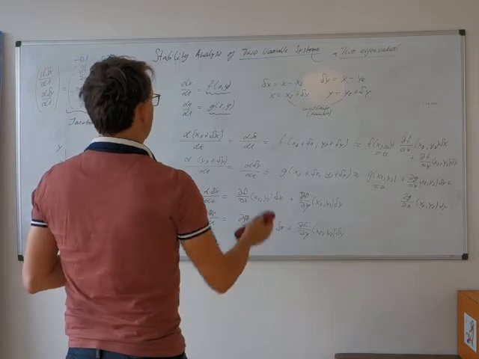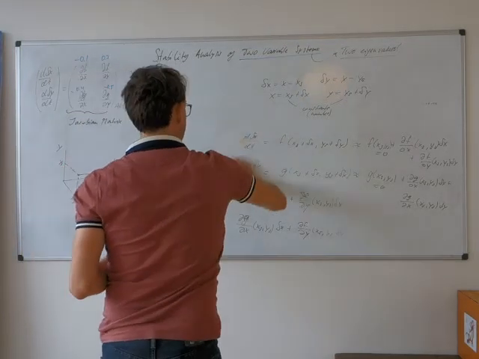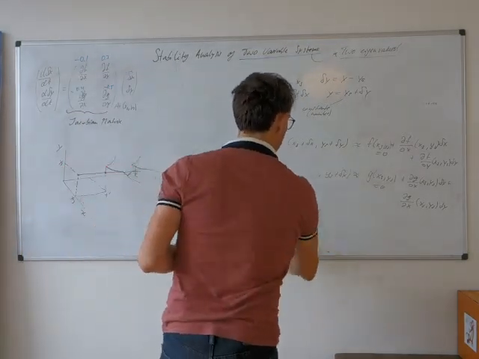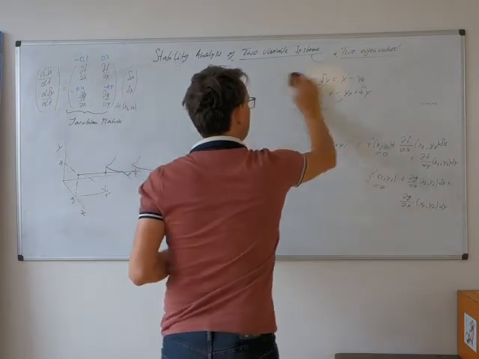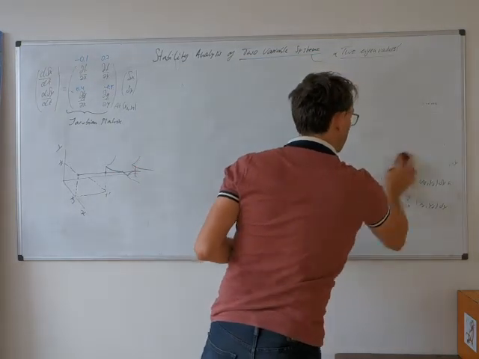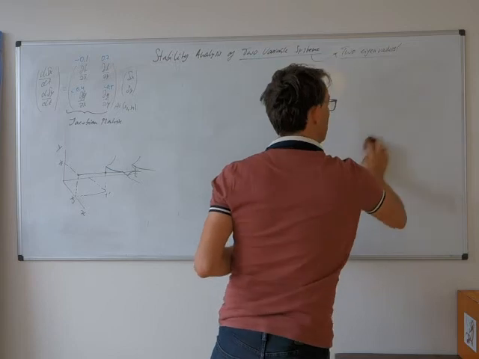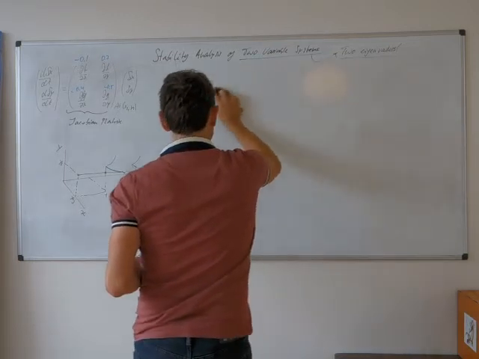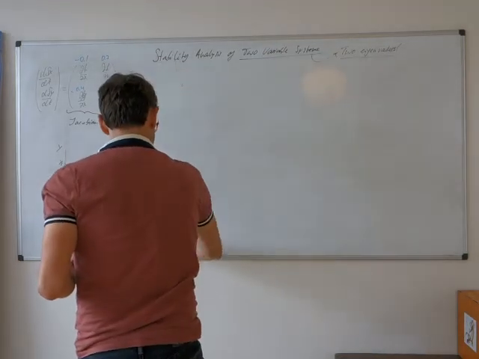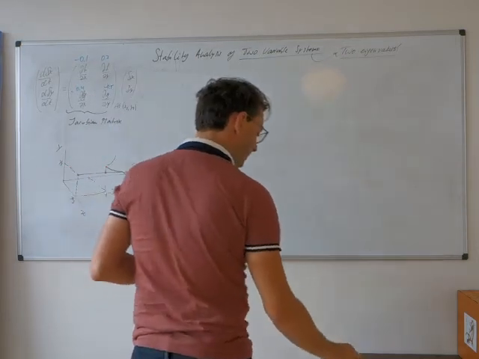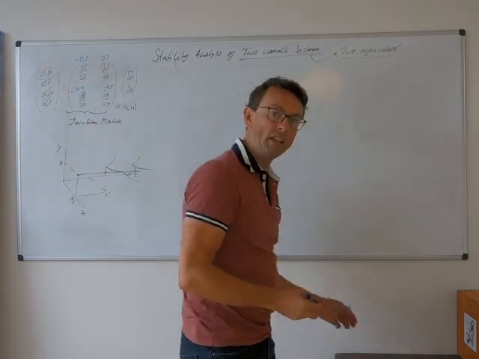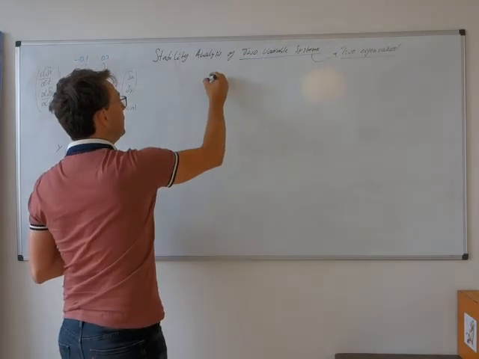Alright, so let's do that. Let's get these eigenvalues out. Well, the linear algebra understanding of eigenvalues is not really part of this course. But I can give you a flavor of it.